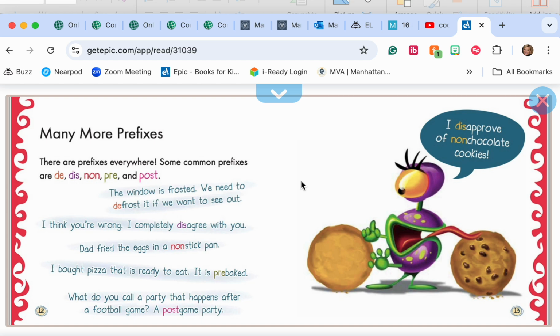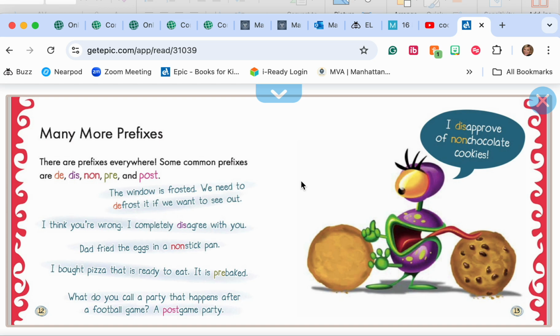The window is frosted. We need to defrost it if we want to see out. I think you're wrong. I completely disagree with you. Dad fried the eggs in a non-stick pan. I bought pizza that is ready to eat. It is pre-baked. So, what do you call a party that happens after a football game?